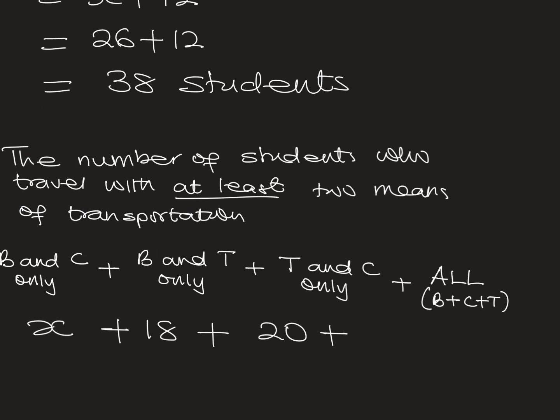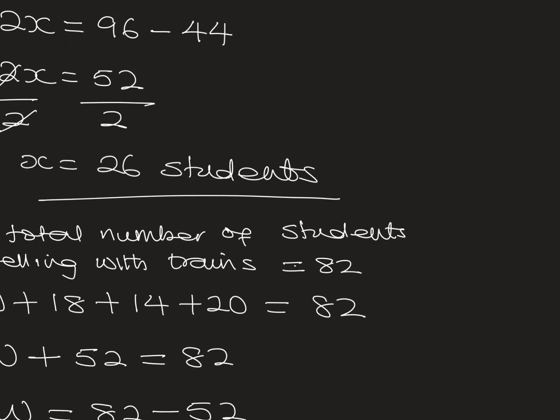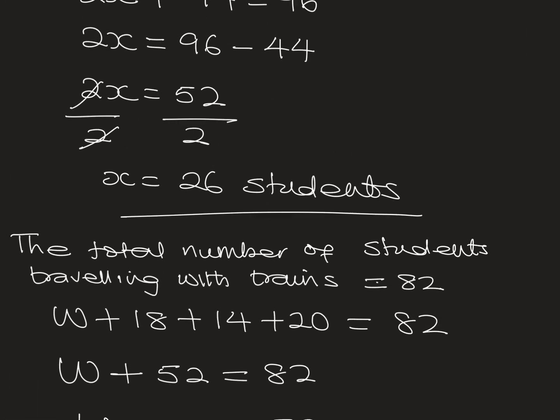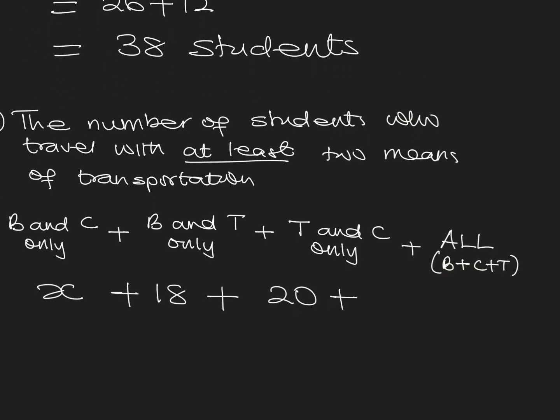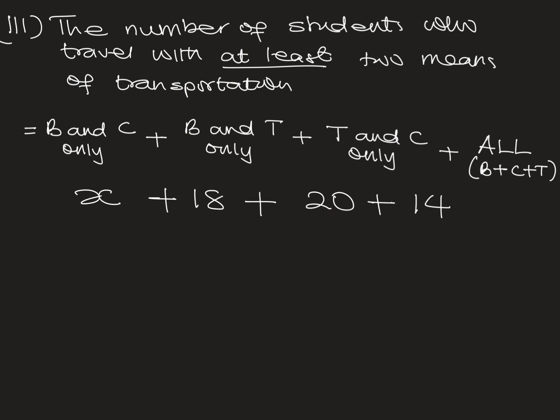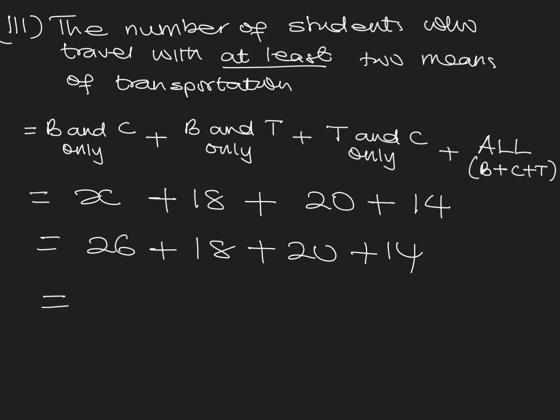And plus those who use all the three means of transportation, the number was 14. Okay, so what is x? x is 26, so that will be plus 18 plus 20 plus 14. And what are we going to have? 26 plus 18 plus 20 plus 14 is 78 students.